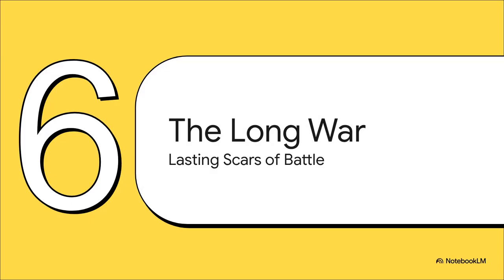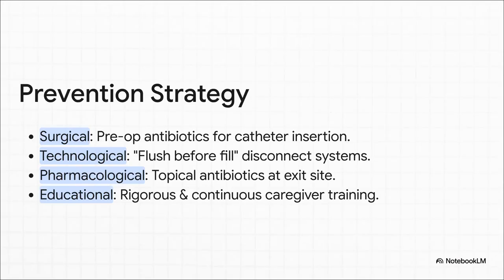So far, we've really been in the trenches, focused on the acute battle. But now we have to pull back and consider the long war. Because the ultimate goal isn't just to treat peritonitis, it's to prevent it from ever happening. And that's because even a cured infection leaves behind lasting scars that can have absolutely devastating consequences down the road. Look, the amazing decline we've seen in peritonitis rates over the years isn't because of some single magic bullet.